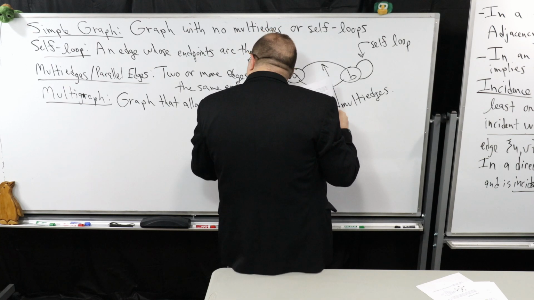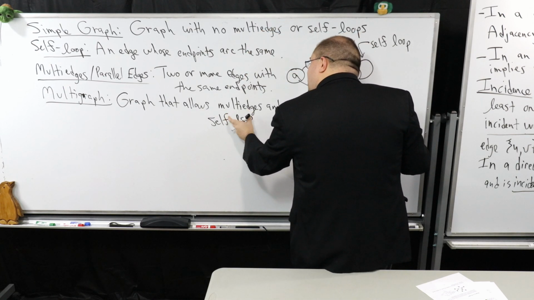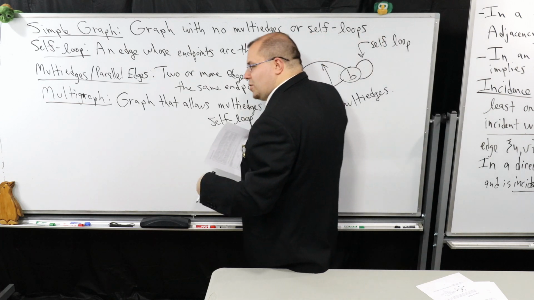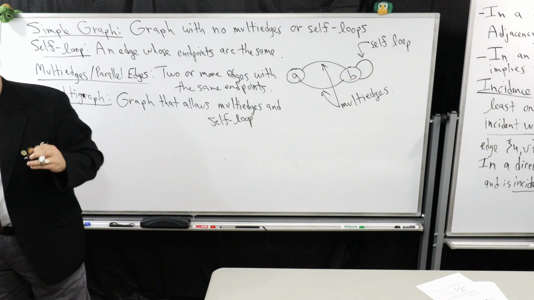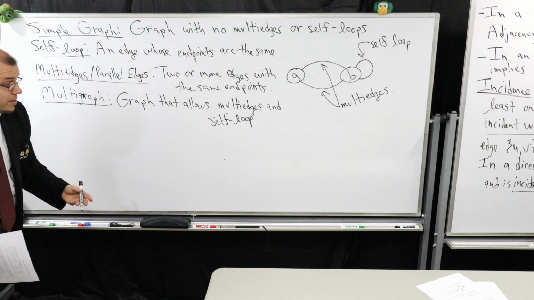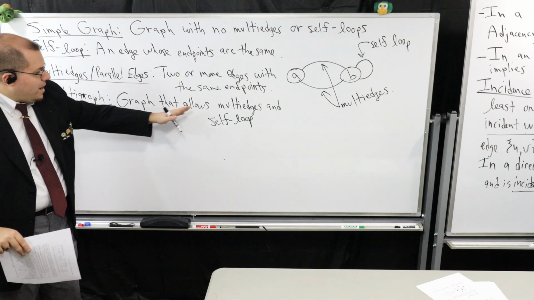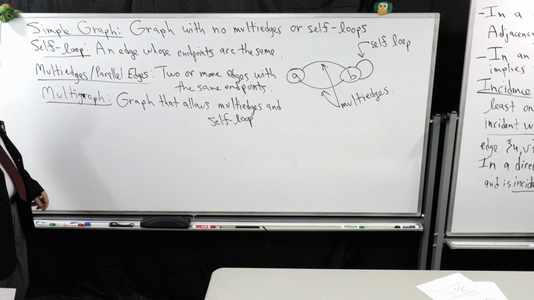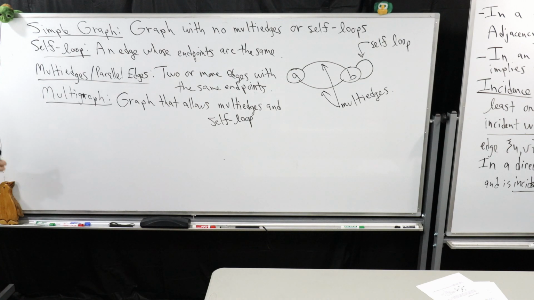Now, some authors like to make the self-loops part optional. I'm going to say you're allowed to have multi-edges and self-loops. Typically both are allowed in a multigraph, but if you pick up a random graph theory book, some people will define a multigraph to have only multi-edges, not necessarily self-loops. But this is how I'm going to assume the definition, just to be clear.